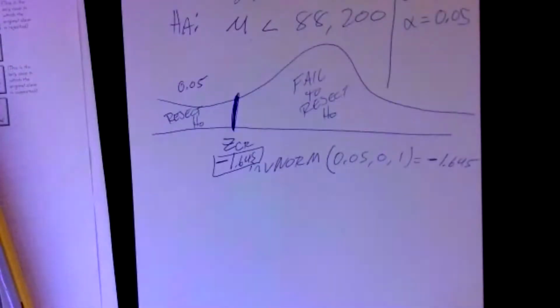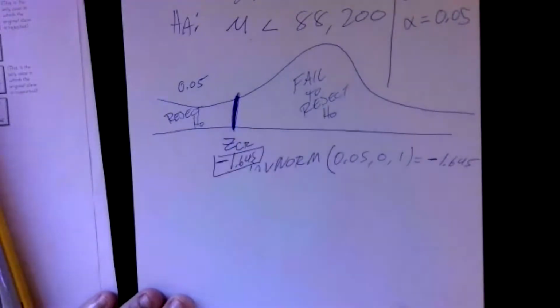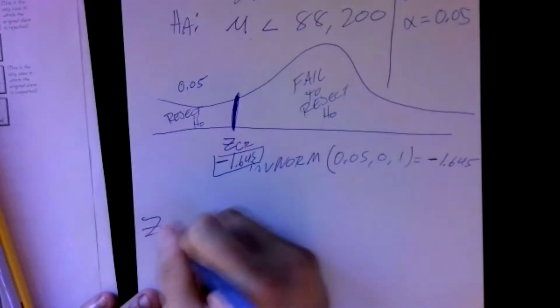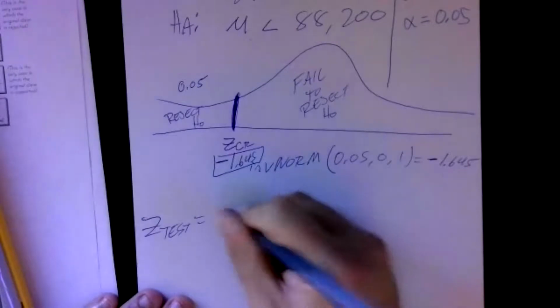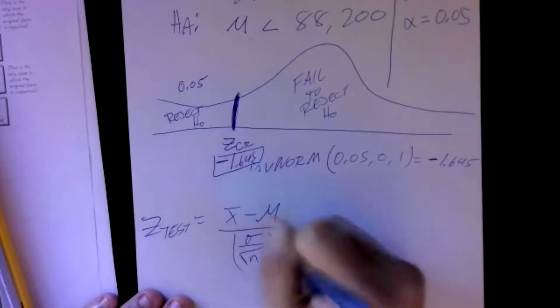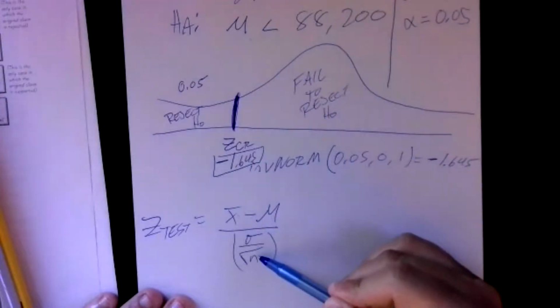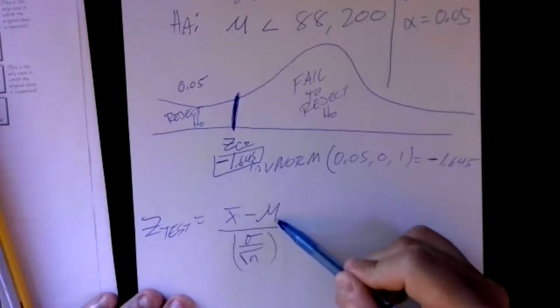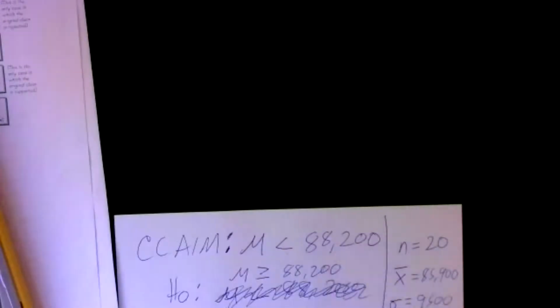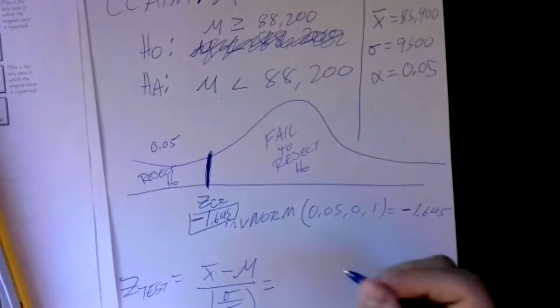Next, we'll compute the test statistic. Now that we know what the criteria for reject or fail to reject is, let's see what we have in this case. Now we have the sample mean, population standard deviation, and sample size. Remember, population mean is assumed from the claim. So in this case, that'll be 88,200. Plug in everything else.